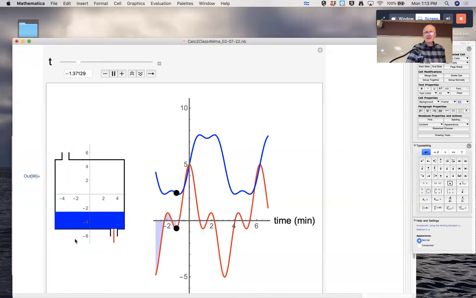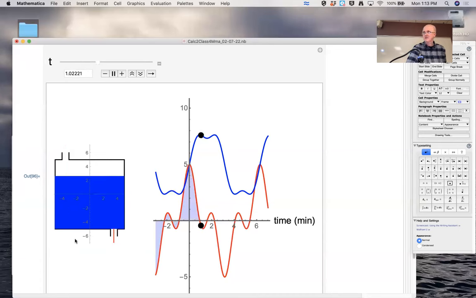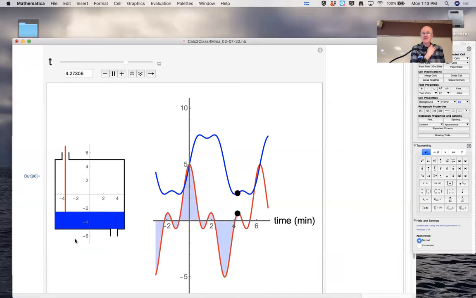The thickness of the red lines is supposed to indicate how fast the water is moving, so to speak, or how much water is flowing. The red graph is the flow rate. That's the little f of t in liters per minute. The blue graph is the volume in liters.